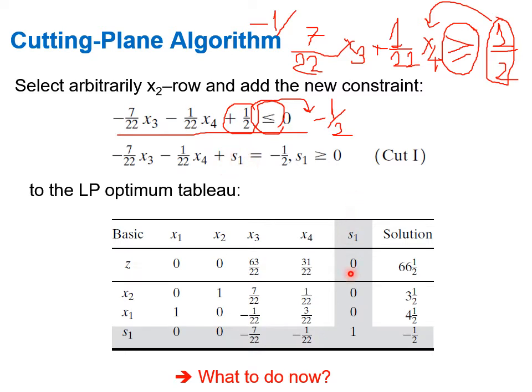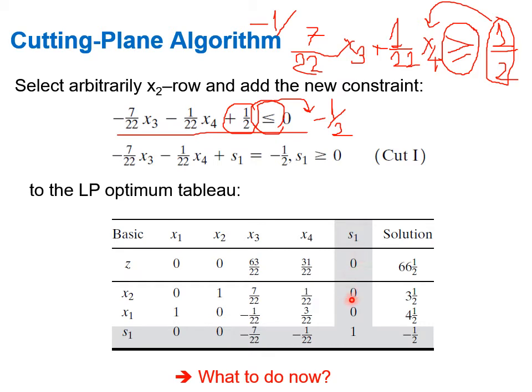This is the slack variable. Then what are the values in the tableau for this new row and new column? For the new column S1, this is a variable which only appears in this constraint. So in all other constraints and in the objective function, it doesn't appear.